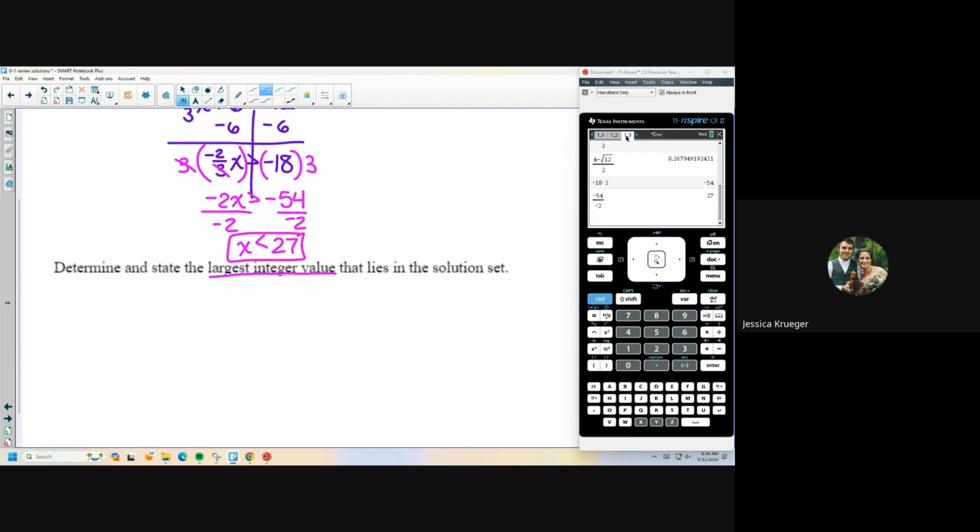I would always recommend that if you're trying to figure out a solution set, you graph it on a number line. So on a number line, here's 0, here's 27. 27 is going to have an open circle because there's no line under the inequality.